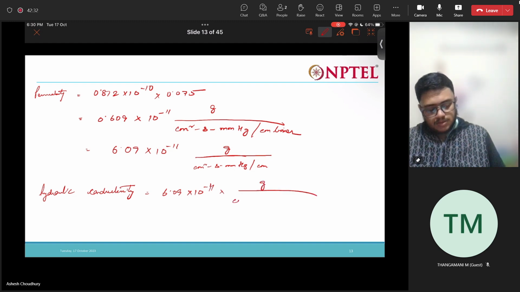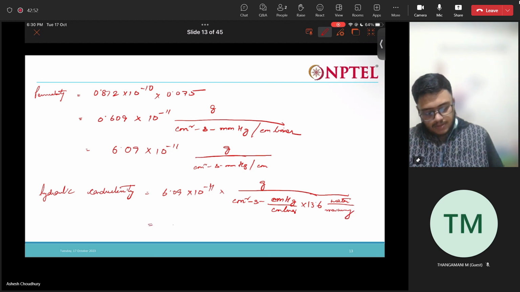Gram per cm square second, cmHg per cm liner into 13.6, water by mercury.